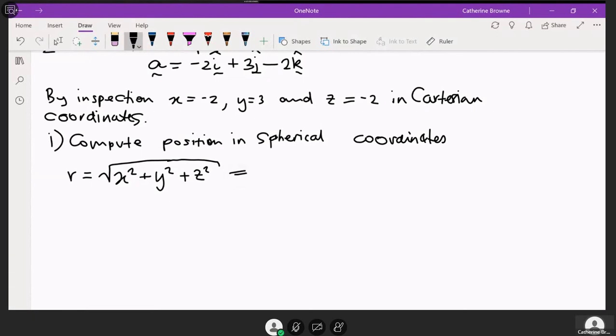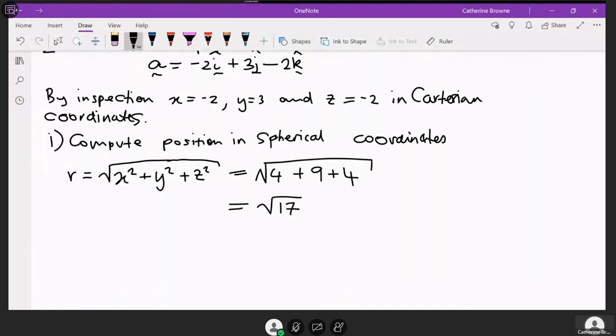So that's going to be 2 squared is 4, plus 3 squared is 9, plus minus 2 squared again is 4. And so that's going to be root 17.